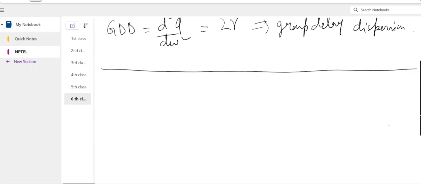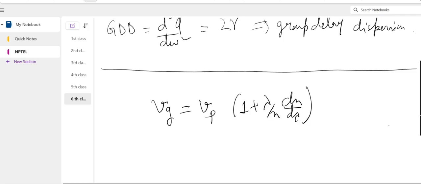So to solve a question, there is a question about what will be the relation between group velocity and phase velocity. So the medium is non-dispersive means that refractive index doesn't change with frequency.